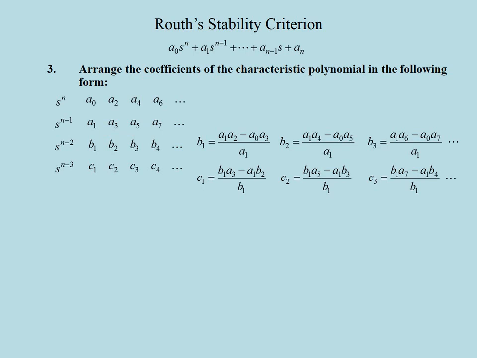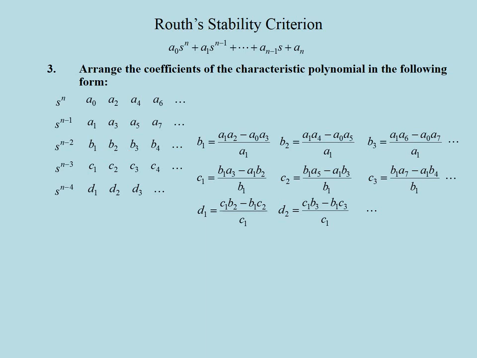Then follows the next row, that is the row for s to the power n minus 4, with d1 equals c1 b2 minus b1 c2, divided by c1, d2 equals c1 b3 minus b1 c3, divided by c1, and so on and so forth.